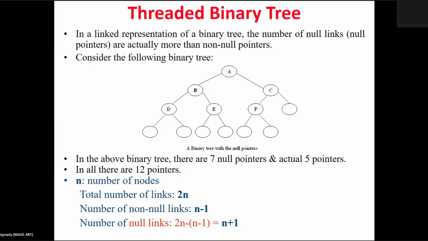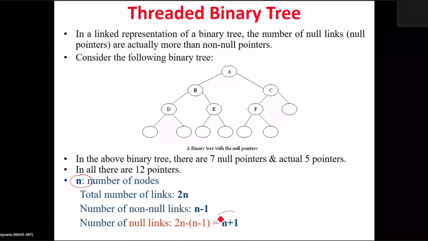In the linked representation of binary trees, more than one of the link fields contain null values, which results in wastage of storage space. Suppose a binary tree consists of n nodes, then n plus 1 links contain null values.